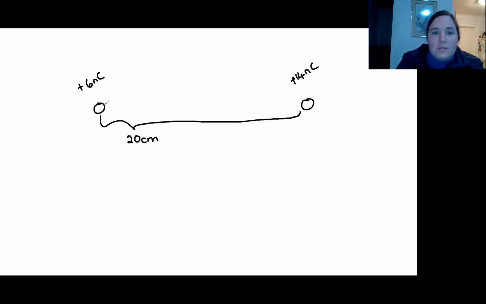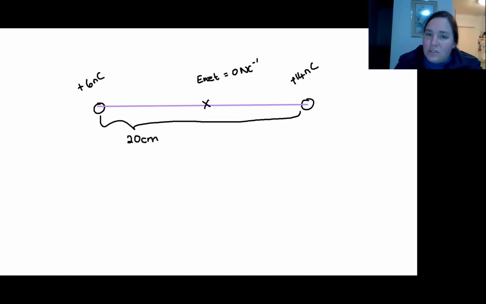And I'm going to draw in my little line here so that I don't try and draw it freehand and get it all messed up. There's a direct line between the two, and you're told that the distance between the two is 20 centimeters, and you're told that there's a position somewhere on here where the electric field is equal to 0 newtons per coulomb. Alternatively, they could say that there's a point in between them where the forces in both directions are equal.